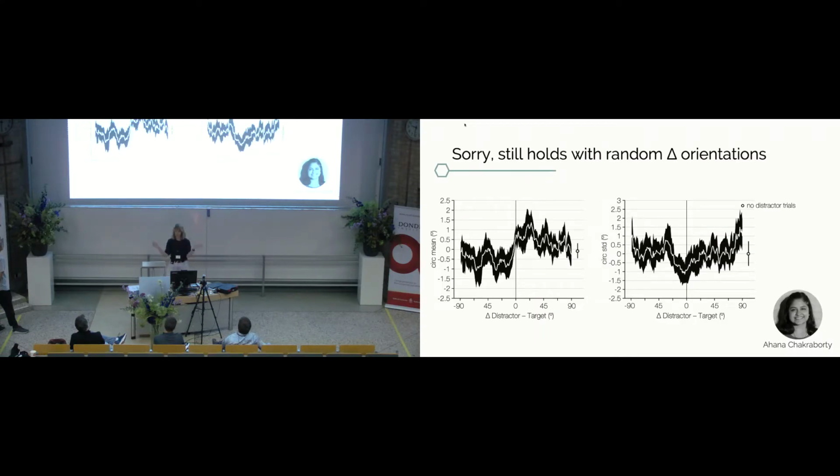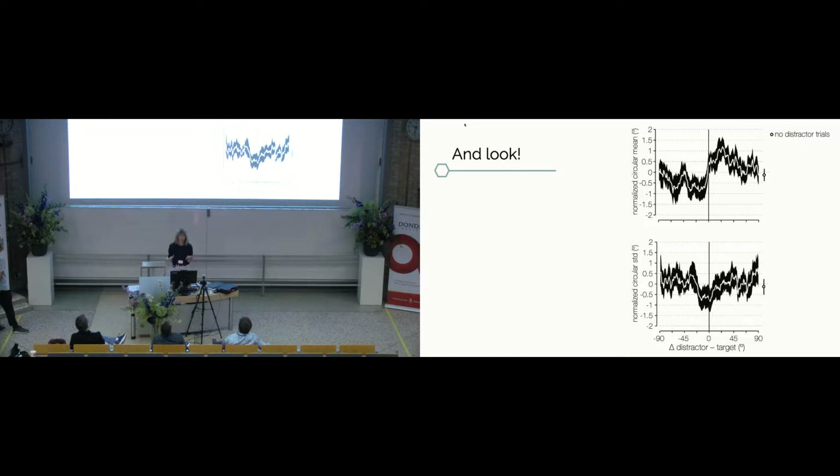Now we use random offsets between the target and distractor, and we see the same thing. There's attraction towards this irrelevant distractor, and people are better when the distractor matches the target, and they get worse when it starts to deviate more. And look, I think this is kind of cool. On top, I have the bias.